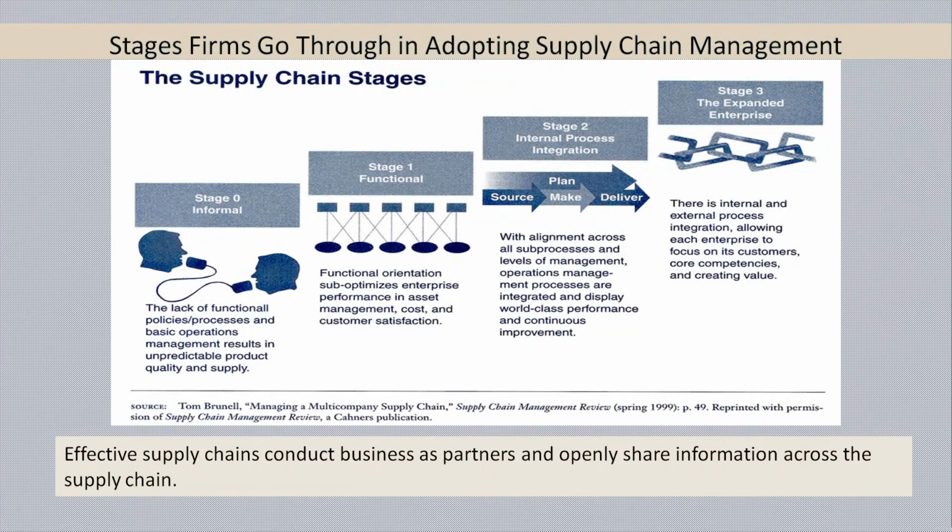Stage 2 is where many organizations are even today. Here some computer based, software based integration happens. So, the source, that means the raw material procurement stage, to the manufacturing stage, to the delivery stage, to the acceptance stage, all that are well integrated, and that is why you see there are not very many overlapping activities, and the whole thing is well planned and happens in an integrated fashion.